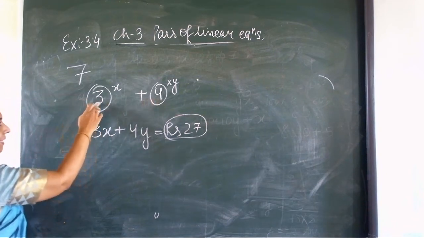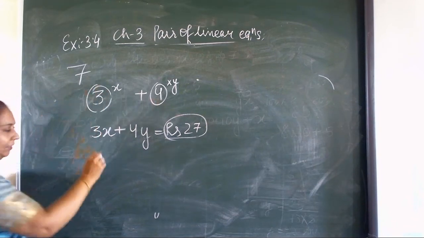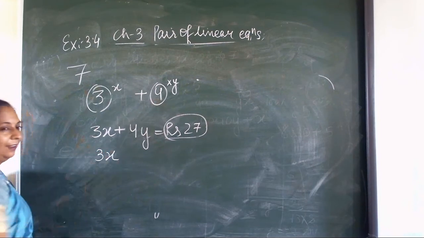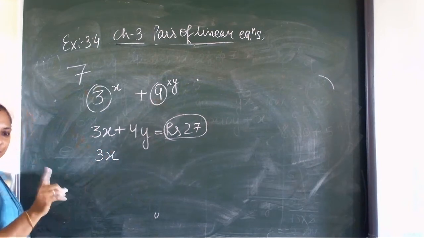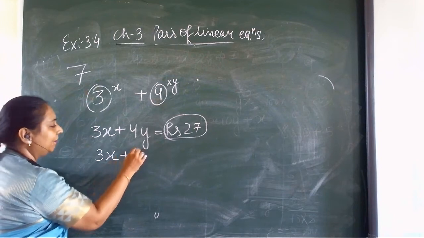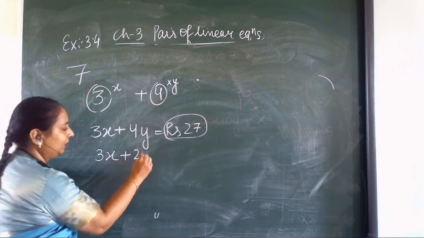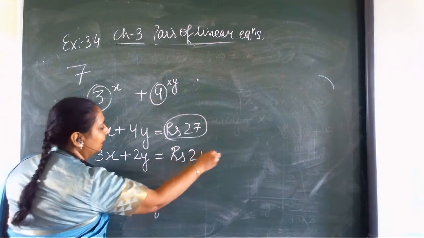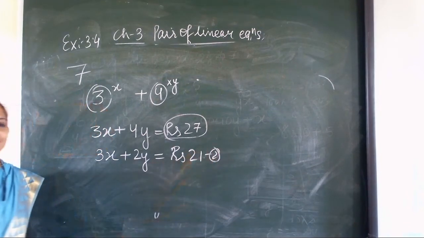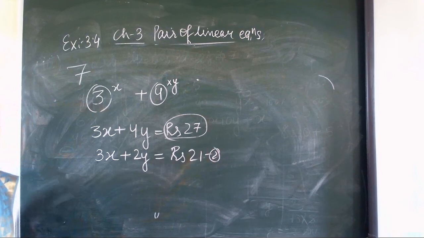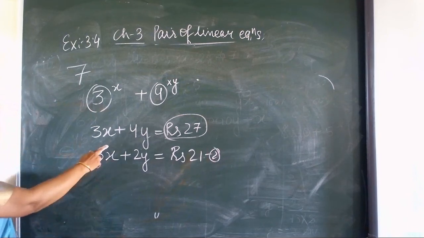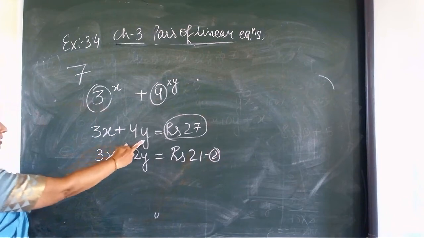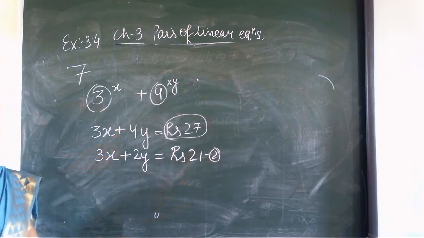So 5 days means 3 days compulsory, and 5 minus 3 means 2 days left. So she is paying additional charge for the 2 days only. So 2y is equal to ₹21. This is your second equation. Now solve first and second equation by elimination method to get the value of x and y. x is the value of fixed charge and y is the value of additional charge.